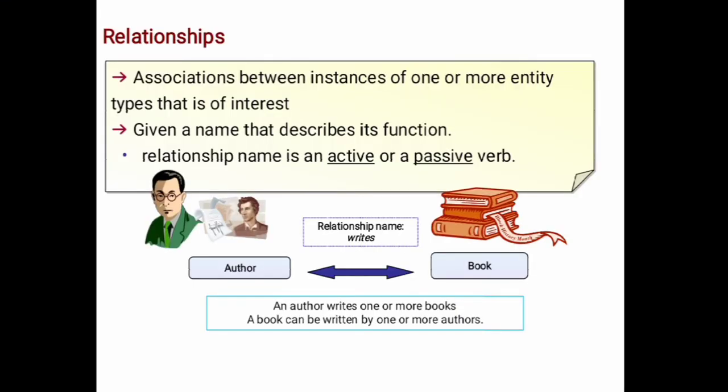There are relationships, as I have already told you, such as author relates with book. It may be that one author writes many books, or many books are written by one author, or many books are written by many authors. These are all included in a relationship, whose name describes an active or passive verb.